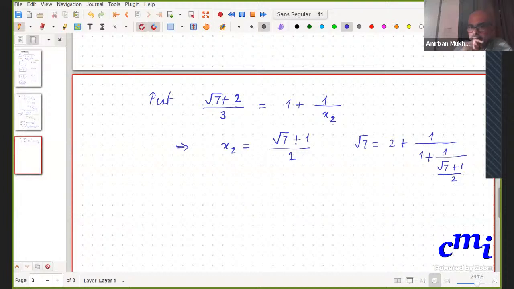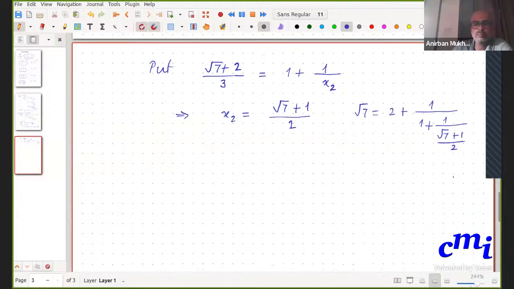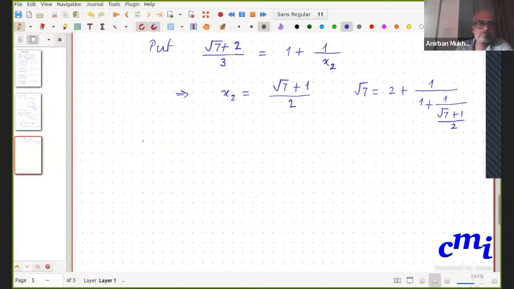So let's start with the last number x2. x2 is square root of 7 plus 1 by 2, and it is always 1 plus 1 over the next iterate, x3.